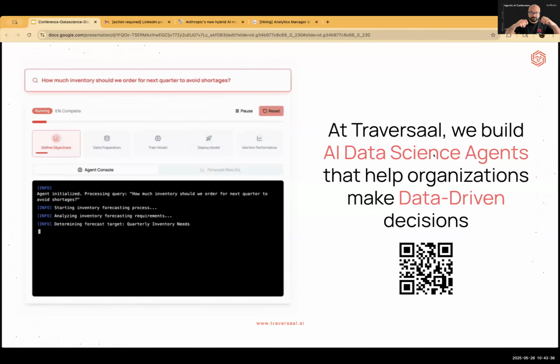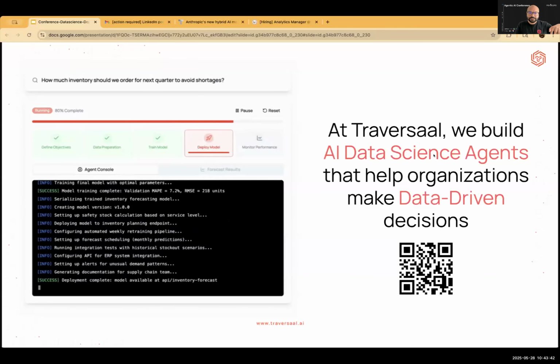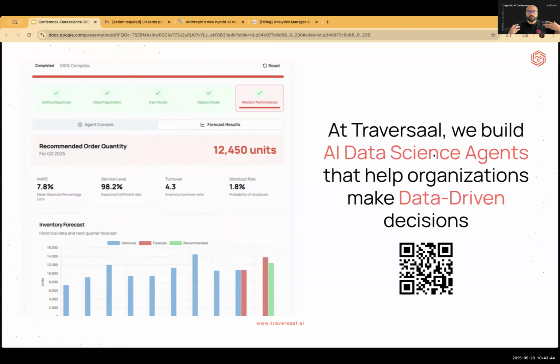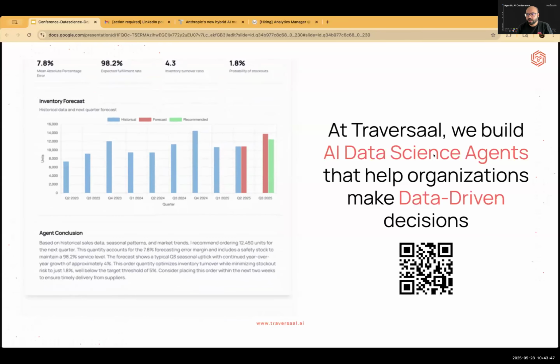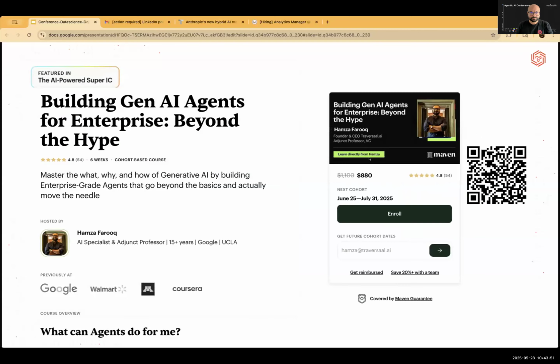I understand this is a Data Science Dojo event and we're talking about data science, but a lot of our focus has been on vertical AI agents, and how we can utilize them to build things from there.